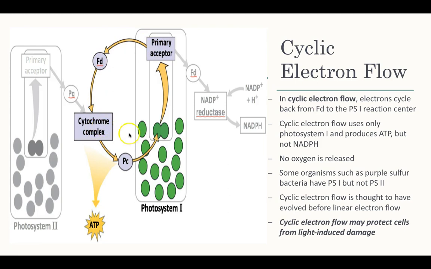So instead of going to NADP reductase, it goes to the cytochrome complexes from the first electron transport. What was the product of the first electron transport? ATP. Because it does not go through the second transport, we don't get NADPH. So the cyclic flow only produces ATP, and it does not release oxygen.